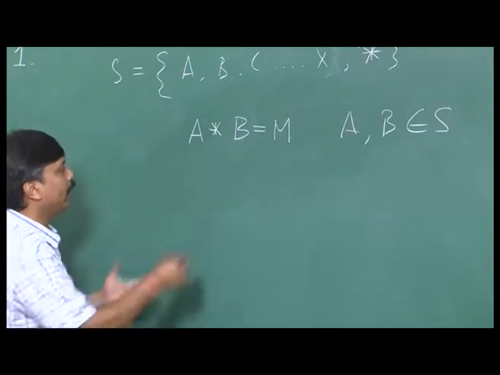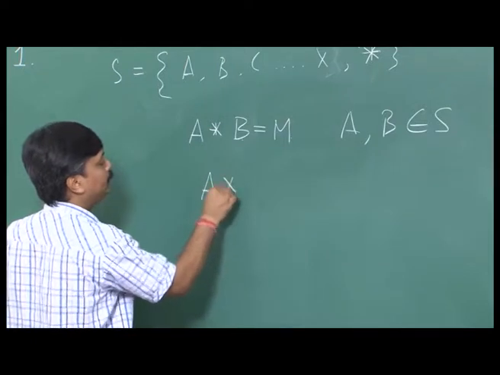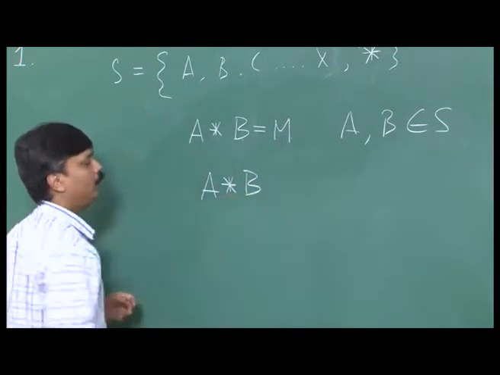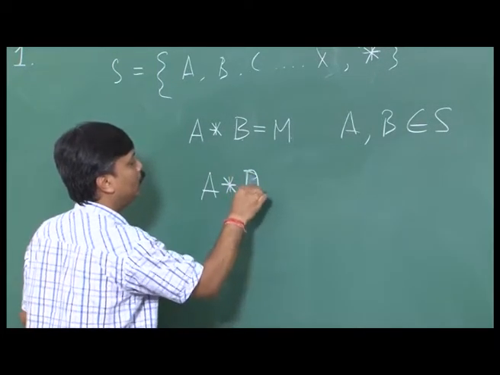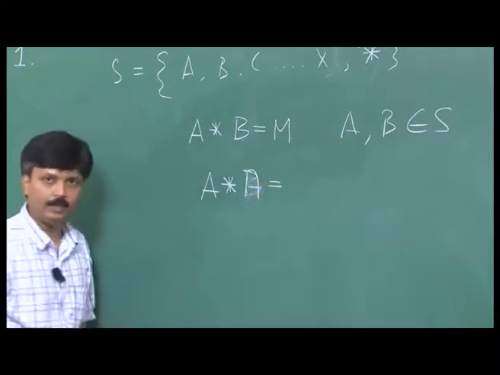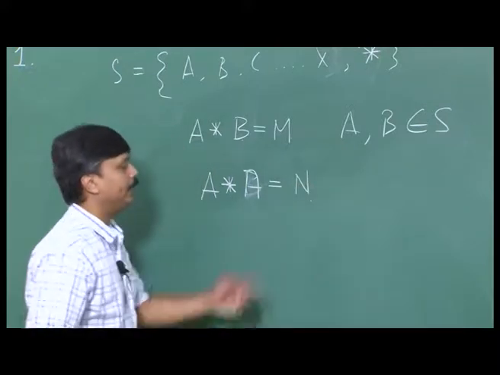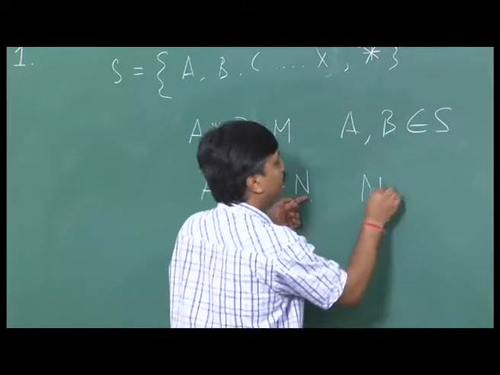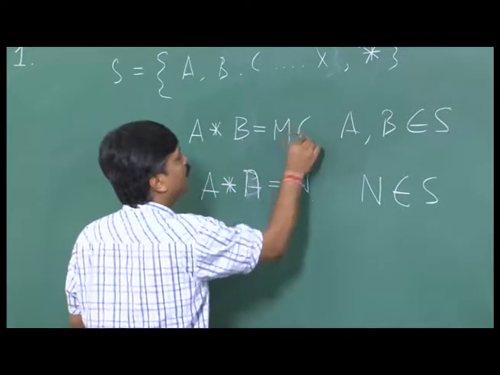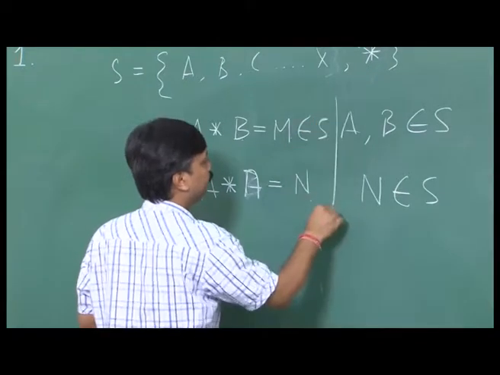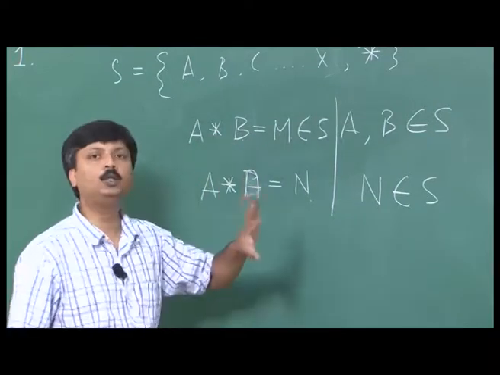Similarly, I don't have to multiply only two different elements. I can have the product of A with A. In other words, the square of any given element, say n, should also belong to S, and here M should belong to S. Then I will call this set a closed set.